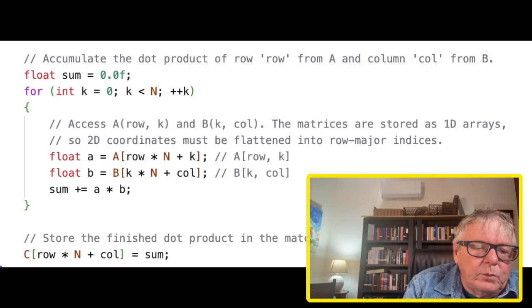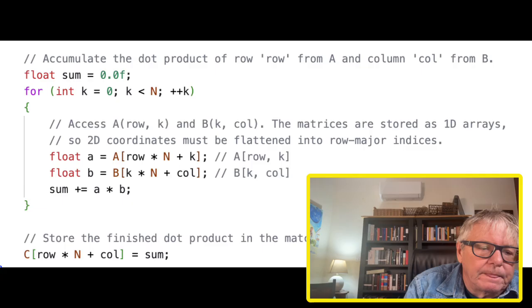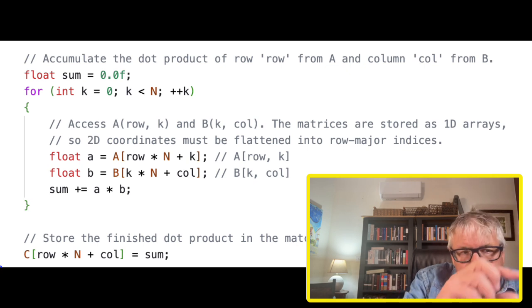That's just stepping through the memory locations. Multiply the two together, add them to the sum. So the sum is the dot product of two vectors. You'll see in a minute you do one row by one column, the same row by the next column, and so forth. So you do that 9 times.